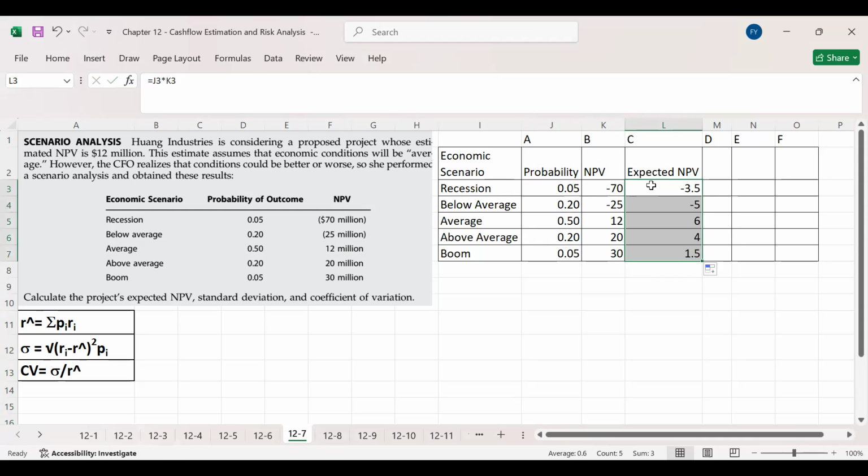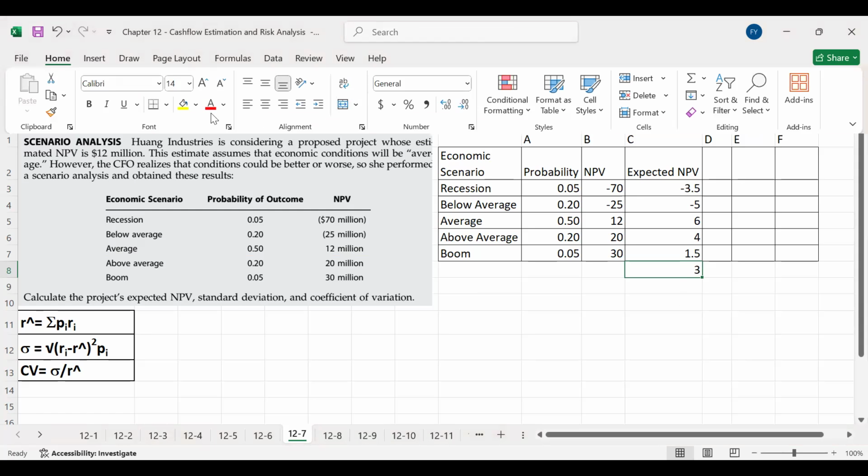Then we add all of these, because you can see the sign of summation in the formula. All these amounts are in million dollars. So this is 3 million. This 3 million is the expected average NPV, the mean value of all possibilities of the different scenarios.